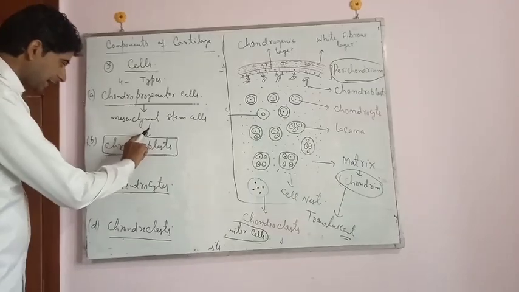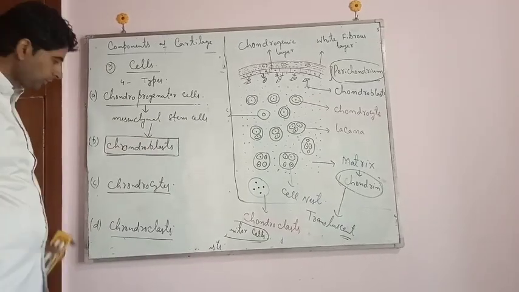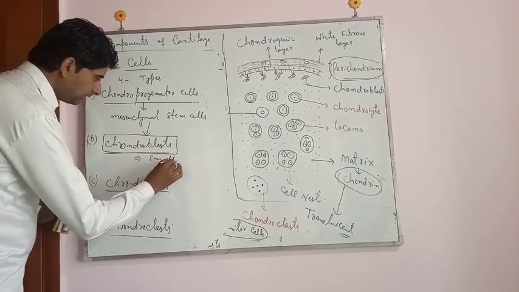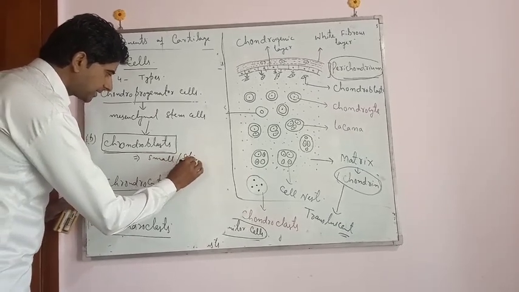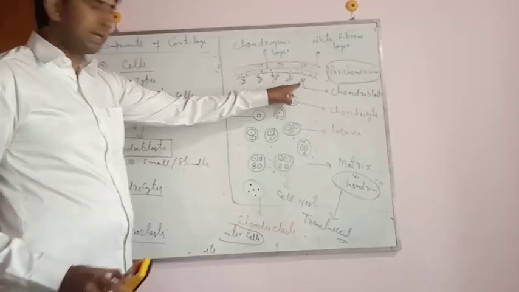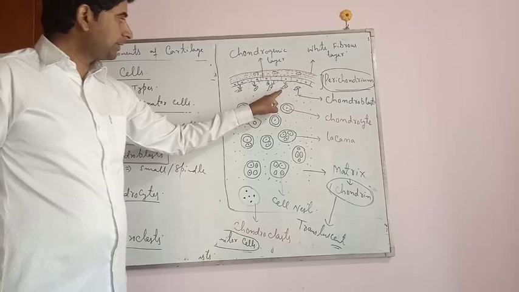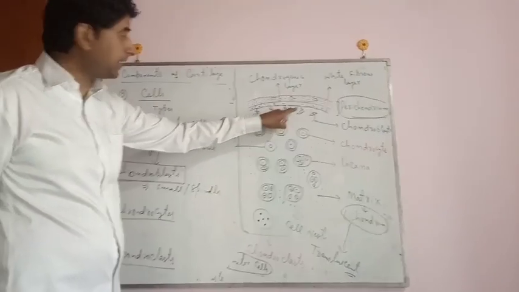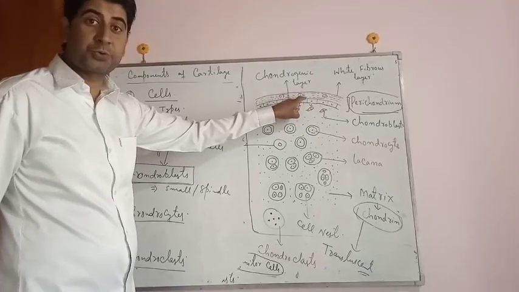तो नंबर नेक्स्ट टाइप है यहाँ पे chondroblasts. तो chondroblasts are small as well as spindle shaped cells. Small है ये as well as spindle shaped cells which arise from the division of the chondrogenic layer.